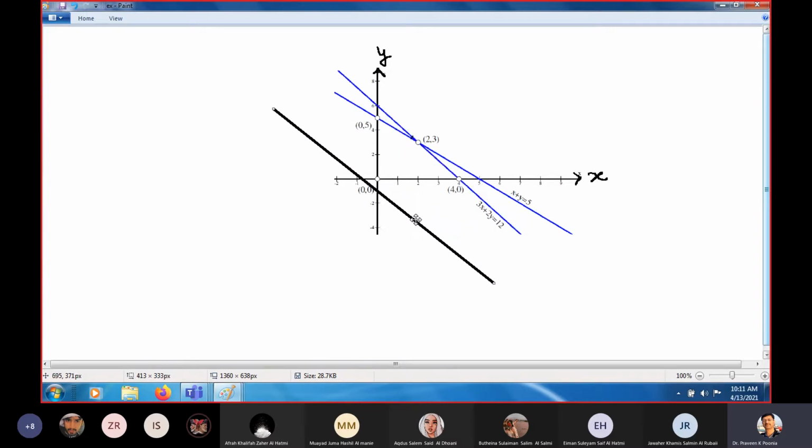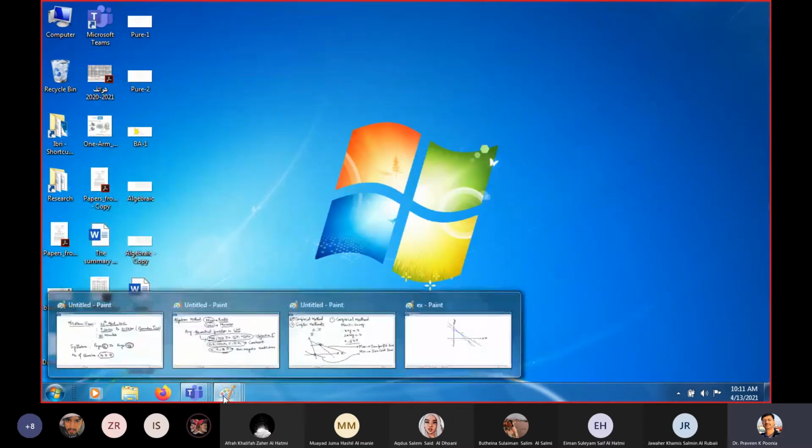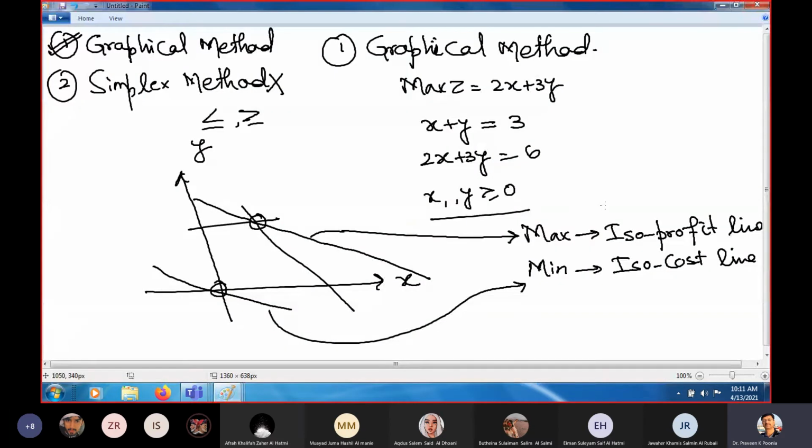But if I am calculating the minimum value, meaning the last corner towards the origin, then this line is called the iso cost line. So dear friends, this is method number 1, where we find the maximum and minimum value of the objective function using the iso profit line and iso cost line.